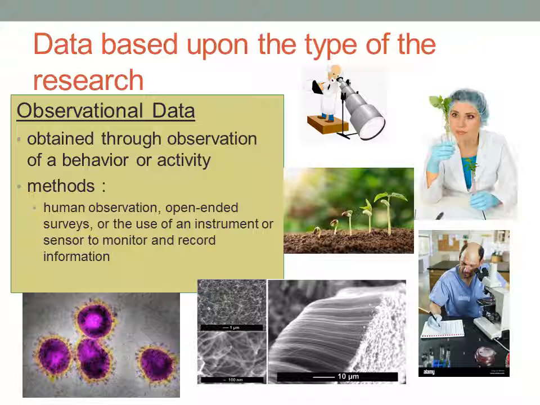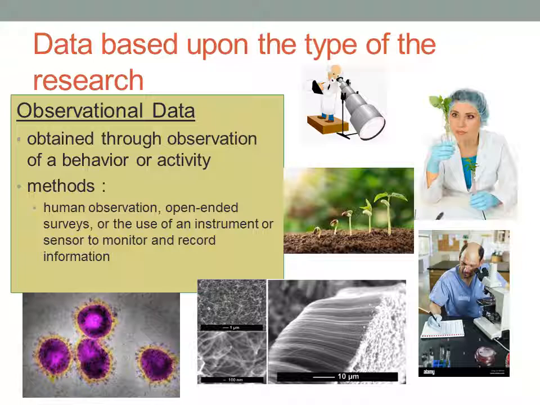Now you can see all this type of research is based upon observations. You have a photograph, you have a micrograph, you have SEM images, you can have microscopic images. Now you can see the COVID microscopic image in the left bottom corner.